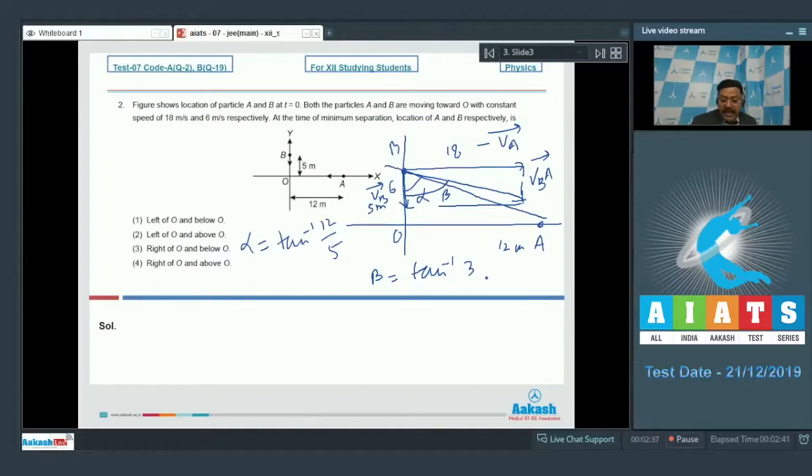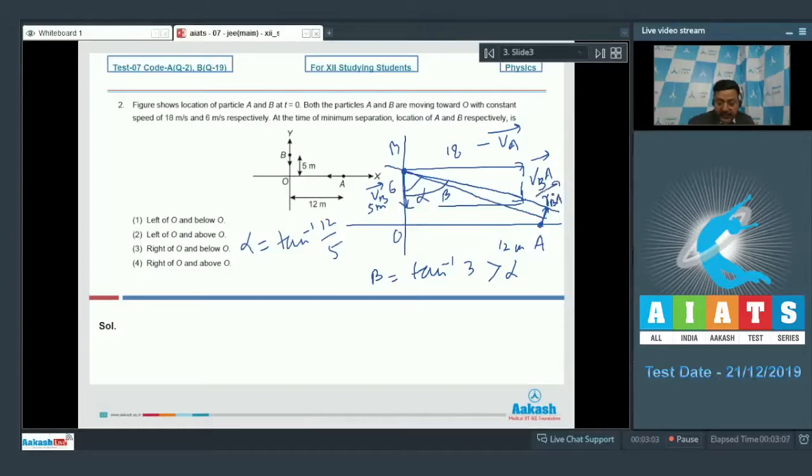So we can judge that beta is clearly greater than alpha. So this velocity vector of B with respect to A is directed at a greater angle than the other one with respect to line BO. And if I extend this line, this is the position of B with respect to A when they are at minimum separation.